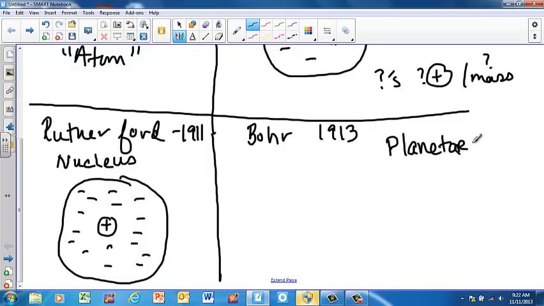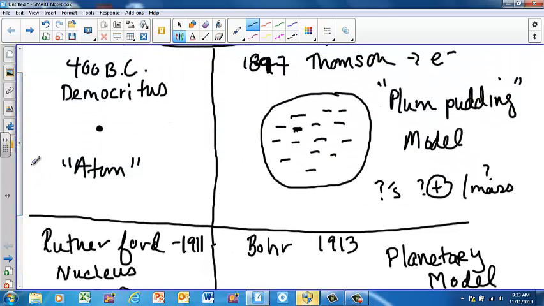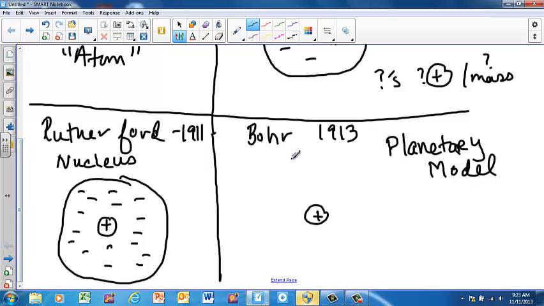The reason we call it the planetary model is we still had the nucleus from Rutherford. Rutherford's atom model doesn't have a fancy name. Thomson was the plum pudding, Rutherford just found the nucleus. Now Bohr's model is called the planetary model because you had electrons orbiting the nucleus in these nice fixed paths.